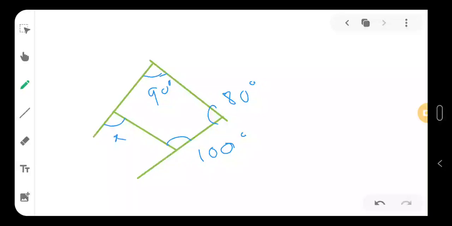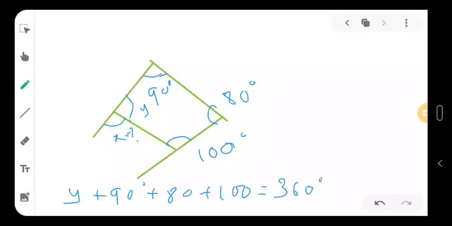So in order to find out this x, I must find out this portion. Let's say the inside one is y and the outside one I have to find out. So I can write the equation as y plus 90 plus 80 plus 100, because all the inside angles will add up to 360 degrees.